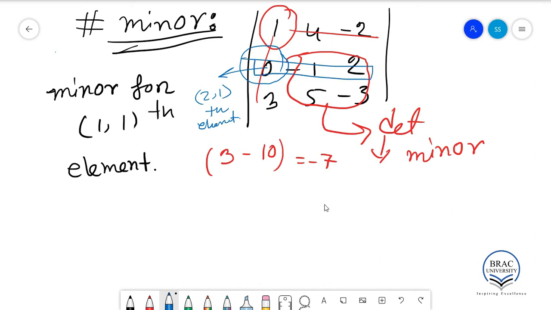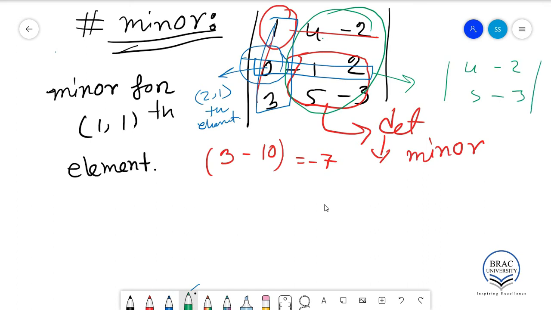Forget about this row, forget about this column, the rest you have is this, that is 4 minus 2, 5 minus 3. So I have to evaluate the determinant of 4 minus 2, 5 minus 3. If you evaluate it, you get the minor for the 2/1th element.